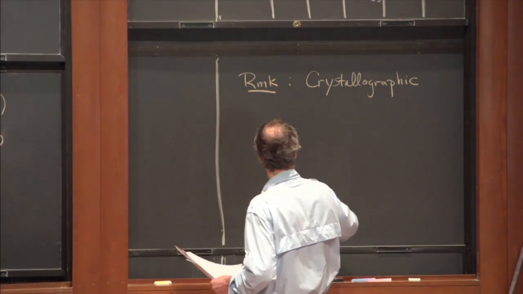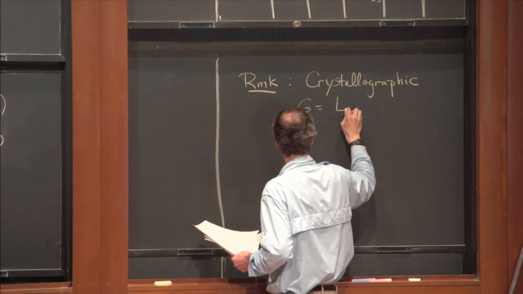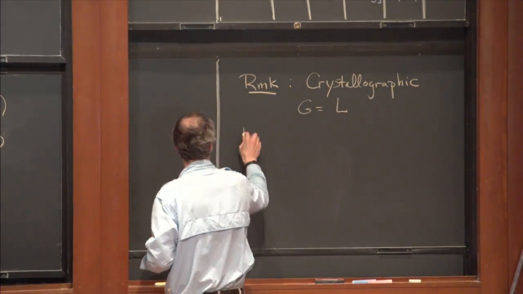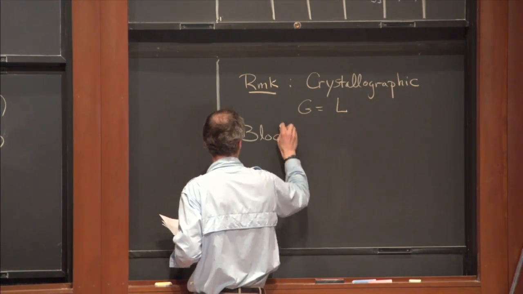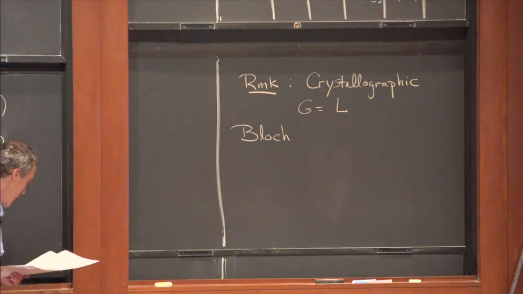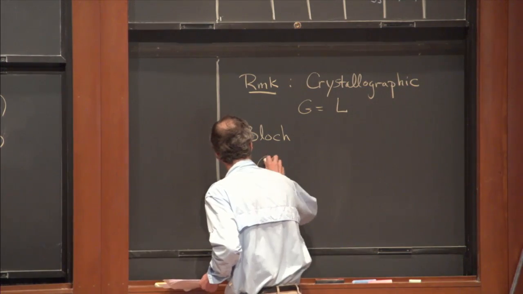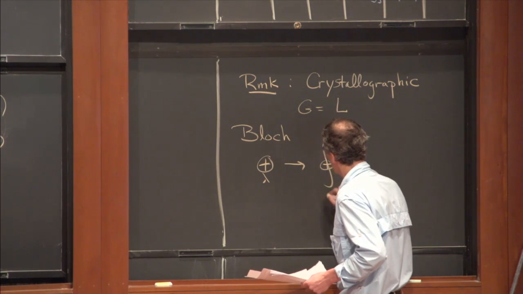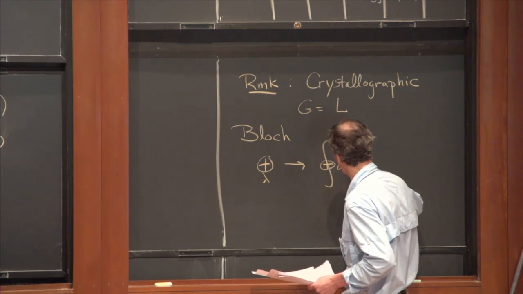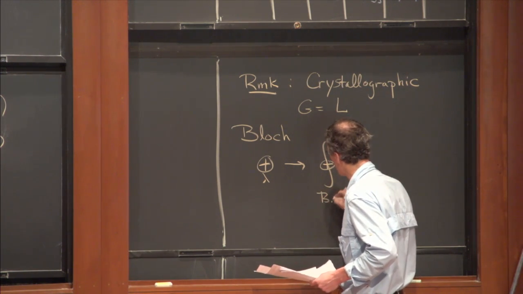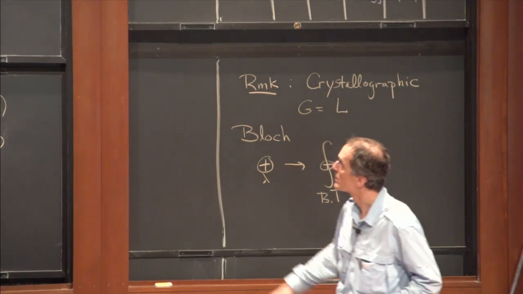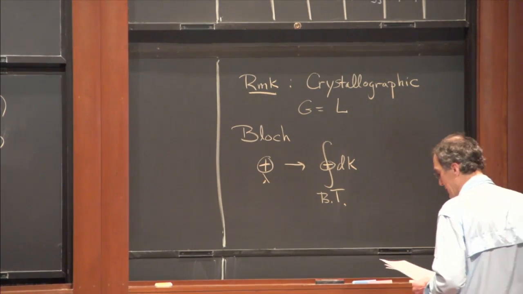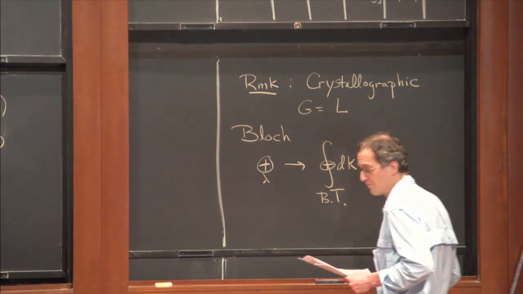So for example, if G is just a lattice in Euclidean space, then this is Bloch diagonalization, but that's Bloch with an H. You see, this sum over lambda just becomes a direct integral over the irreducible representations in the Brillouin torus. So Bloch's theorem is a special case of this applied to crystallographic groups.